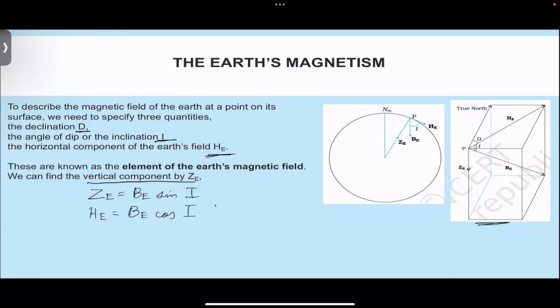So to find the inclination angle, we just need to know the vertical component and the horizontal component, and their ratio gives you tan of the inclination angle. Use the tan inverse and you can find the inclination of the magnetic field at any point on the Earth's surface. This is how we describe the Earth's magnetic field in terms of different components.